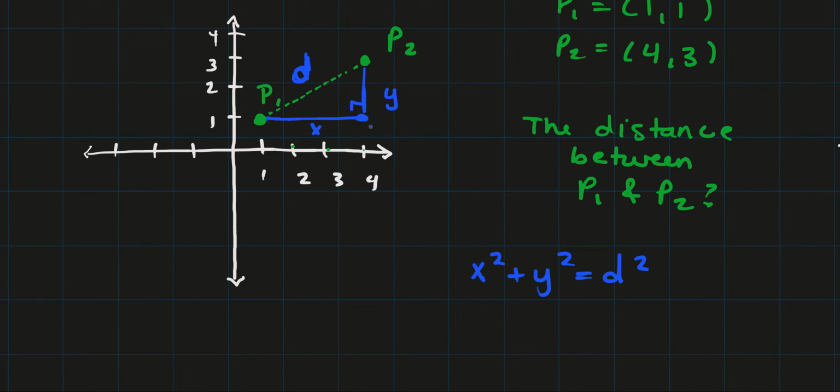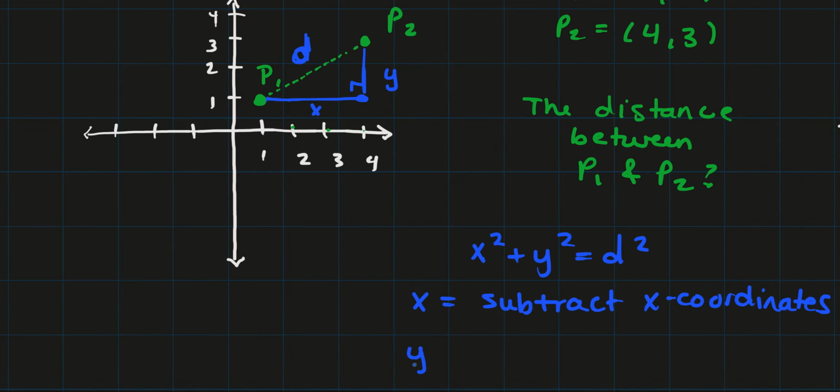When we had a point here, we would just subtract the x coordinates. So x is going to be the difference of the x coordinates. And then for y, to get that distance, we're going to subtract the y coordinates. And it doesn't matter the order that you subtract these coordinates.